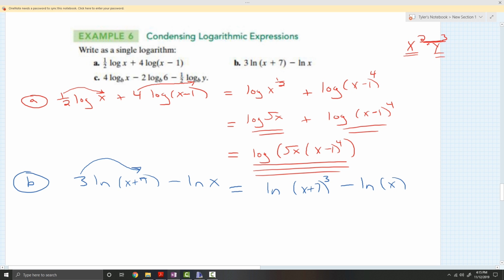And then we have the same base, base e, Euler's number, and we're subtracting, so we can use the quotient rule. So this would be the natural log of x plus 7 cubed, all divided by x. And that's really all we can do with that one.